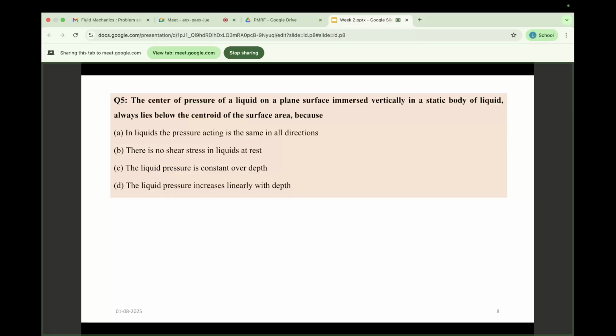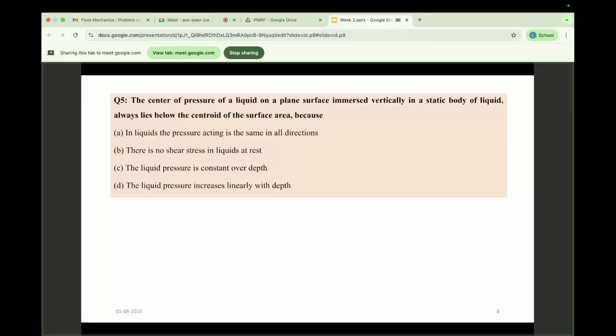The next option is, there is no shear stress in liquid at rest. The third is, the liquid pressure is constant over depth. So the option C is also wrong. And the option D is, the liquid pressure increases linearly with depth.